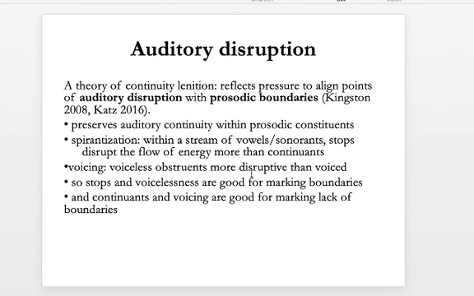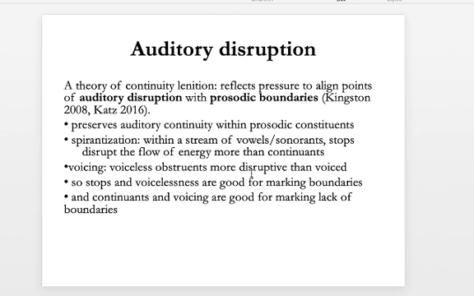So having stops and having voicelessness are good for marking boundaries because we're trying to align auditory disruption with boundaries. And indeed, that's what we find domain initially in phrases, and in some cases words, while continuants and voicing are going to be good for marking the lack of boundaries. And indeed, that's what we saw in these examples.